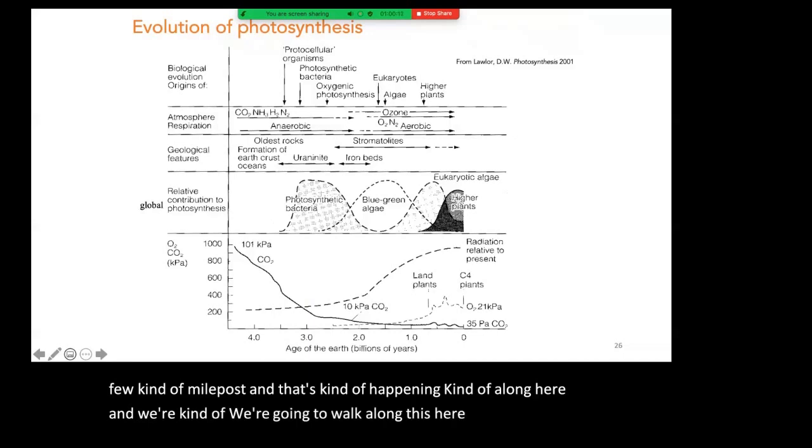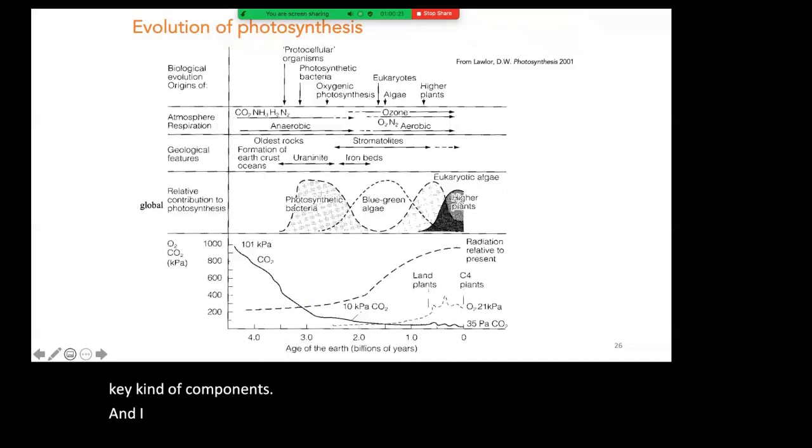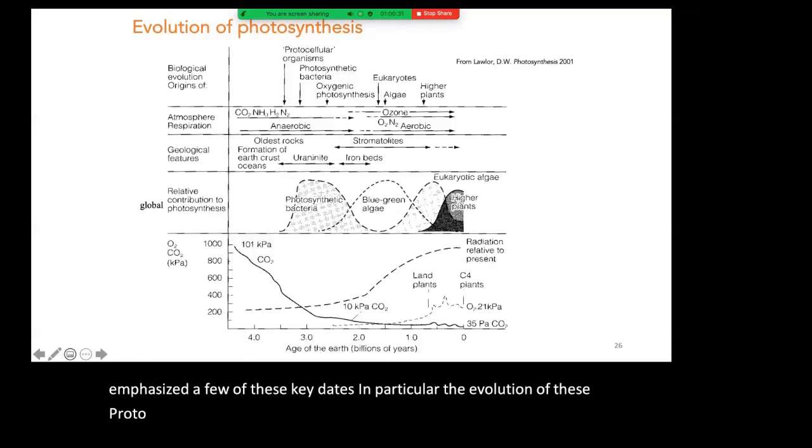If you remember, we talked about the biological evolution of several key components. I do want you to memorize these dates, okay? I've already emphasized a few of these key dates, in particular the evolution of protocellular organisms approximately 4.5 billion years ago.